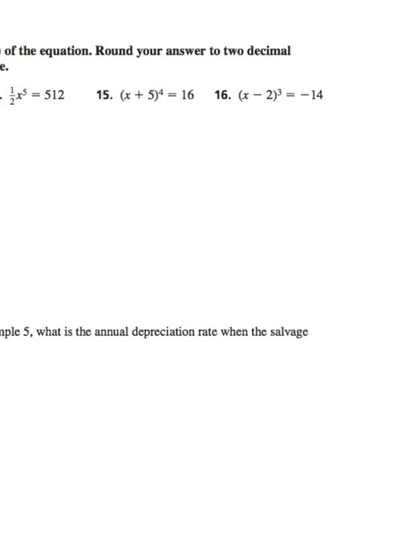I'm going to write this as x plus 5 to the 4th equals 16. I have to take the 1/4 power, so I'm taking the 4th root of both sides. The 4th root of the left side leaves me with x plus 5.